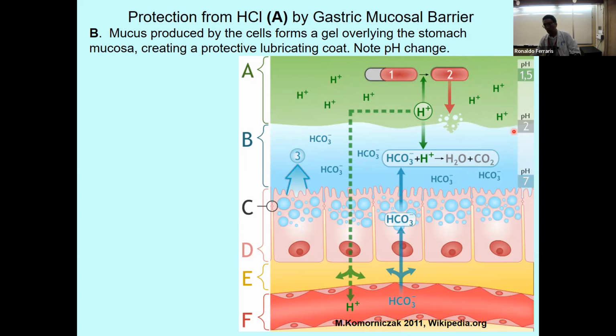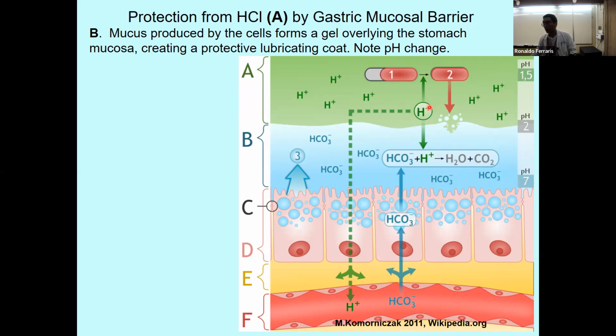But as you go closer and closer to the epithelial cells themselves, the pH actually goes higher. That is because the protons have a difficult time diffusing through the thick mucosal coating. In a way, you're protecting yourself from your own lethal secretion of acid.